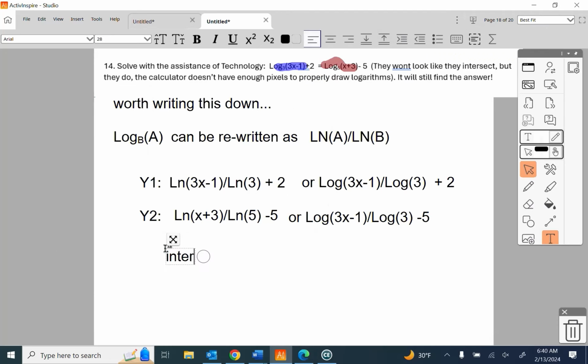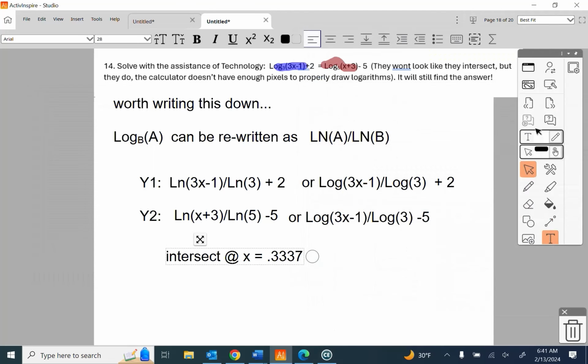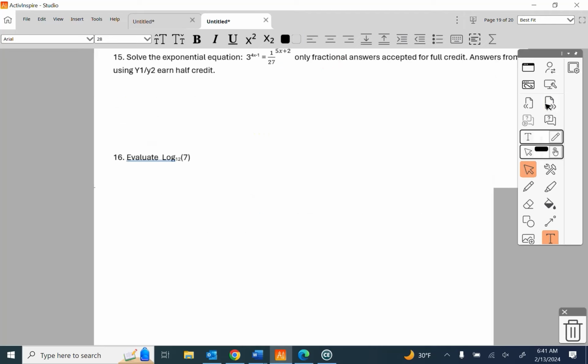So they intersect at x equals 0.3337. If I read that right, it's pretty early. 0.33. Yep, we're good. So even though it doesn't have the pixels to draw it, it'll still find an answer if you're willing to get your cursor on that logarithm.